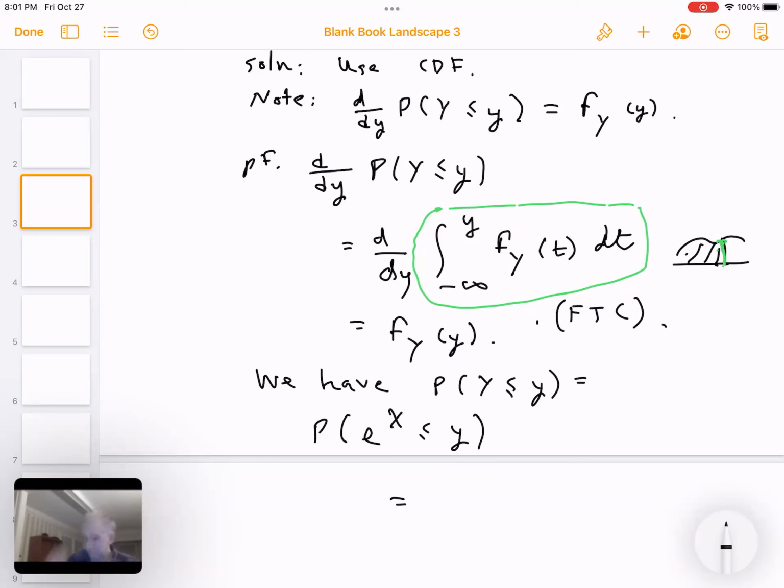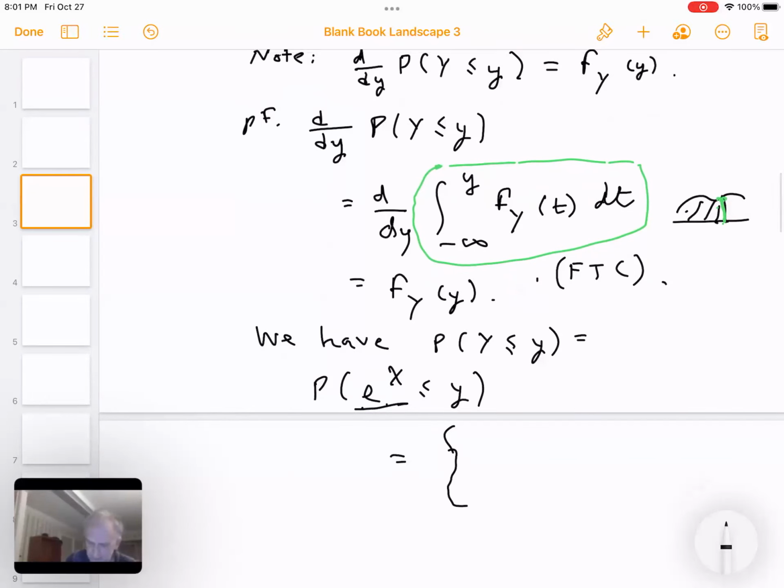So what is the range of e to the x? Well, x goes from 0 to 1, and e to the x is increasing. So at minimum, it's 1. At maximum, it's e, right? x can't be less than 0, so this can't be less than 1. So let's do it like this.